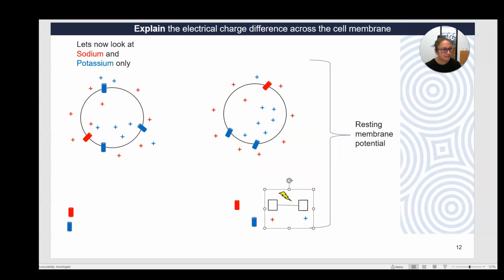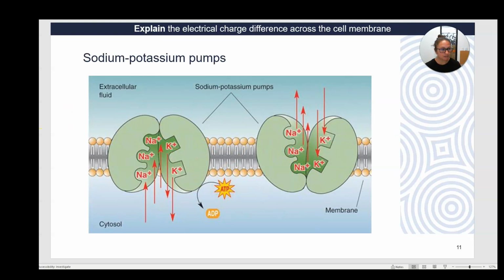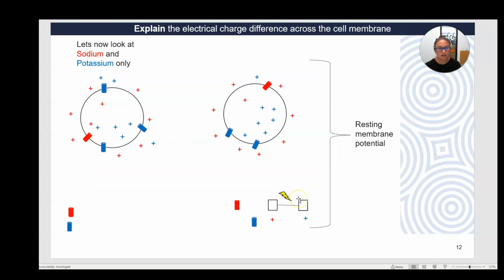Now this guy looks like that, but I'm just doing it very simple. What it does, it's responsible for grabbing a sodium and chucking it out, and grabbing a potassium and putting it back into the cell. That is his job. Let me just put him somewhere so I can show you what he does.